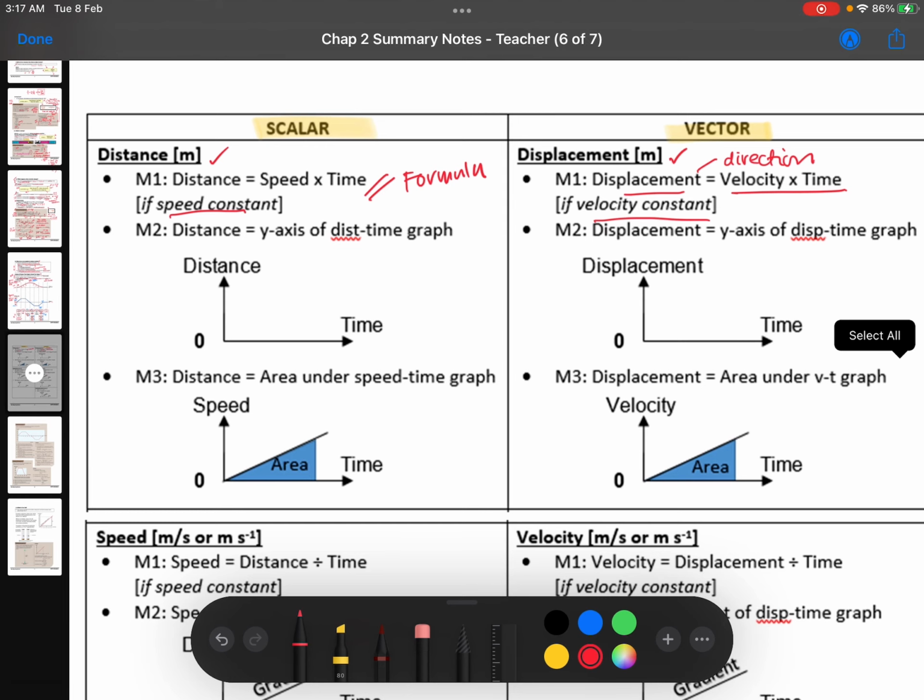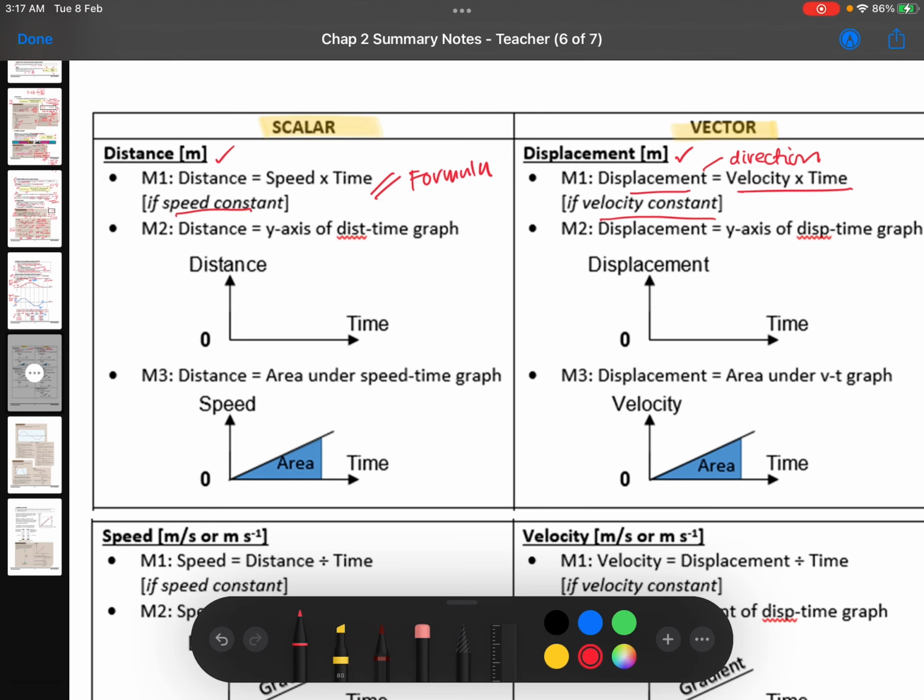Now, if you are given a distance time graph, pardon the typo, it's not really a typo but I am using the short form. Let's say you have a distance time graph or displacement time graph. You can simply read off the distance. Sometimes they ask you, refer to the graph, determine what is the distance of the object.